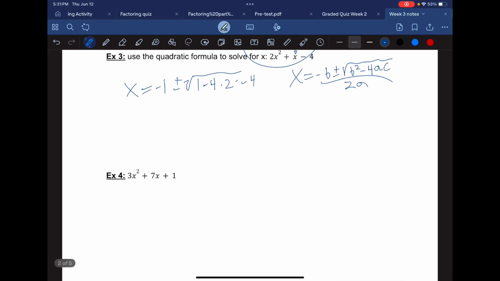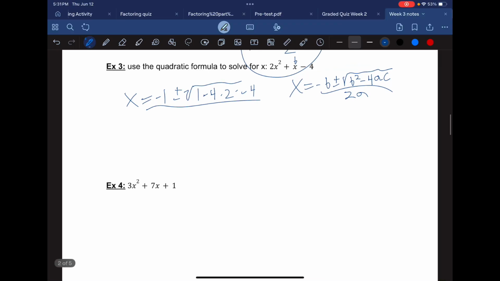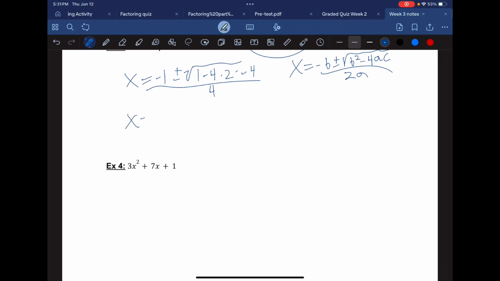All right, it's all over 2 times a, which is 4. So x equals negative 1 plus or minus the square root of negative 4 times 2 is negative 8. Negative 8 times negative 4 is 32.